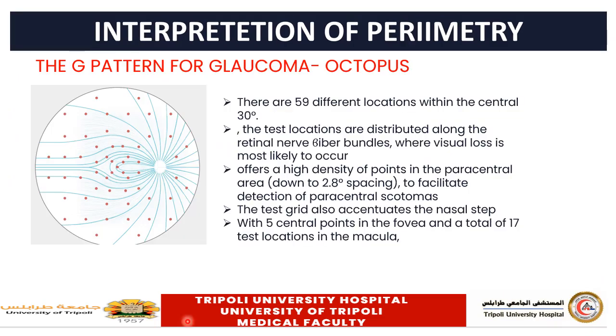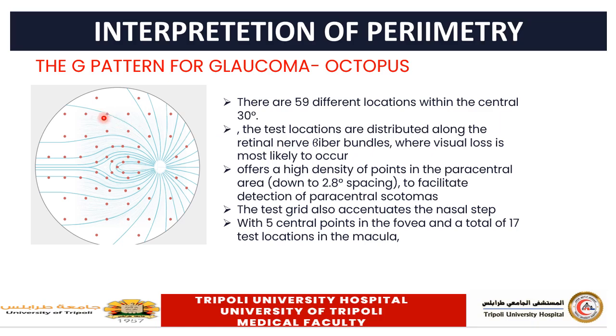Lastly, I will speak a few words about the G pattern visual map that is done in the Octopus perimetry, which contains 59 different locations, or 59 spots, to be examined within the central 30 degrees. So this corresponds to the 30-2 field in the Humphrey perimetry.